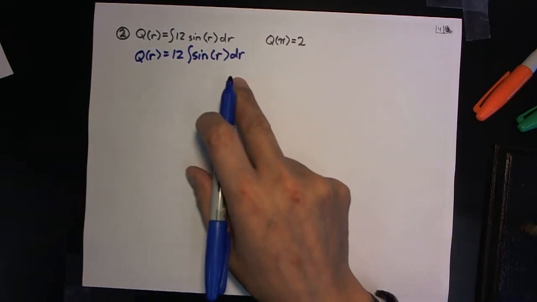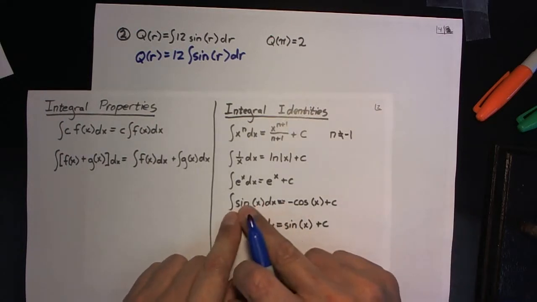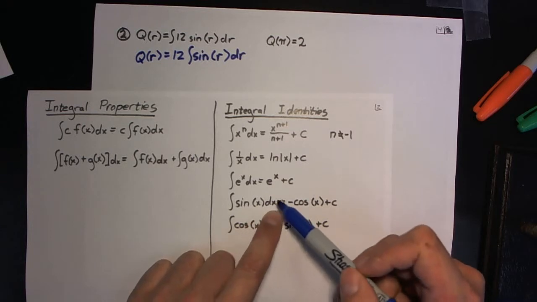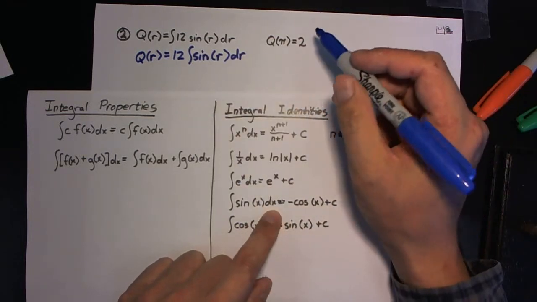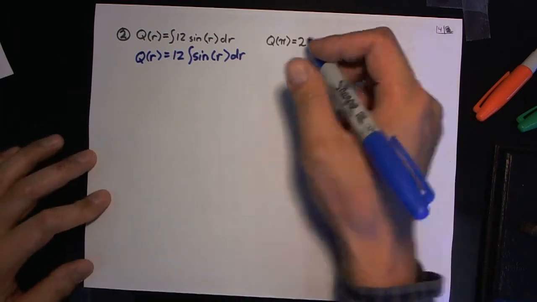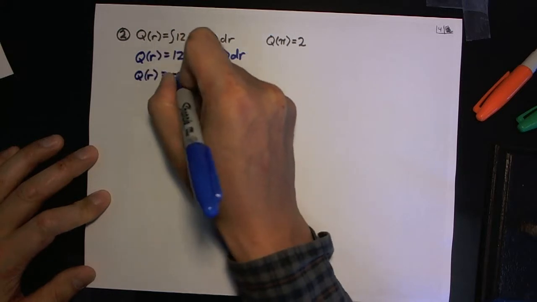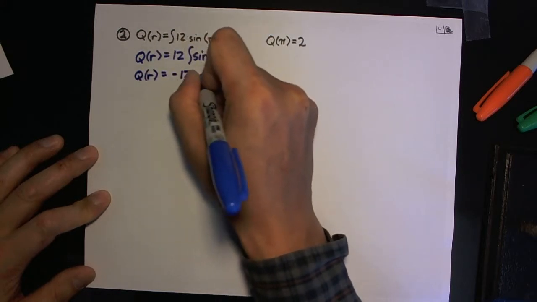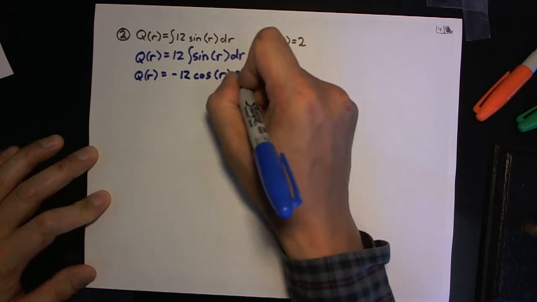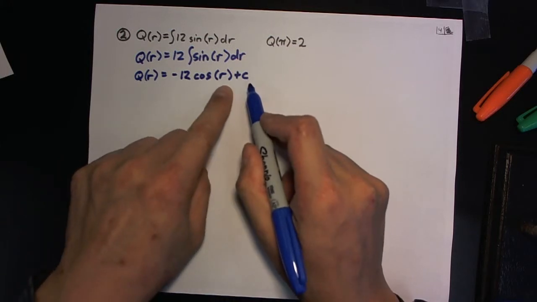Alright, now that we've got sine of r all by itself, that looks like sine of x dx, except instead of an x, we have an r here, so that's okay. Integral of sine is negative cosine. And for our general solution, don't forget the plus c.